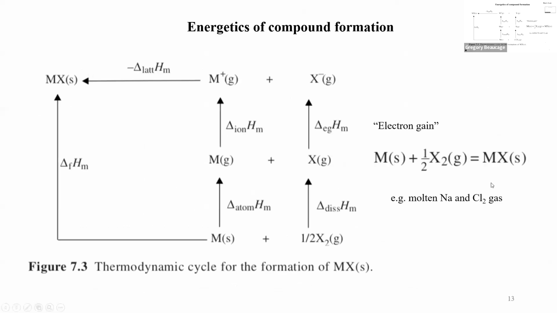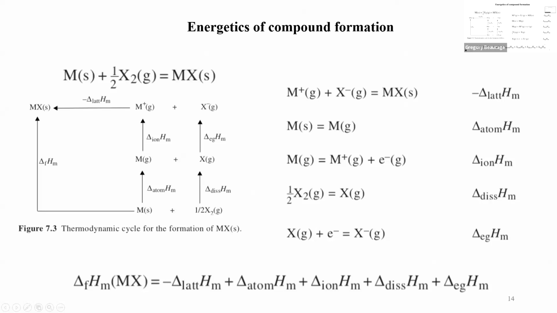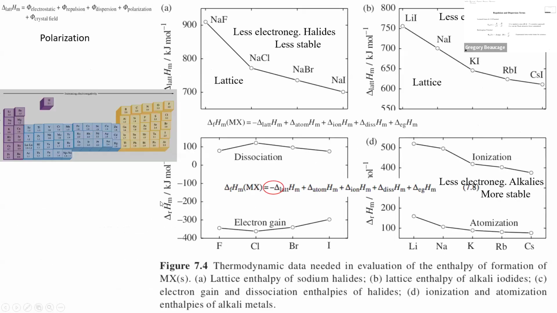So the free energy of formation is going to be the sum of all these separate things, which probably are larger than the lattice energy, and then this lattice energy. So he's looking at just that part of the book, and then just the electronegativity part, the polarization. So the more electronegative you get, the more the lattice energy goes higher.